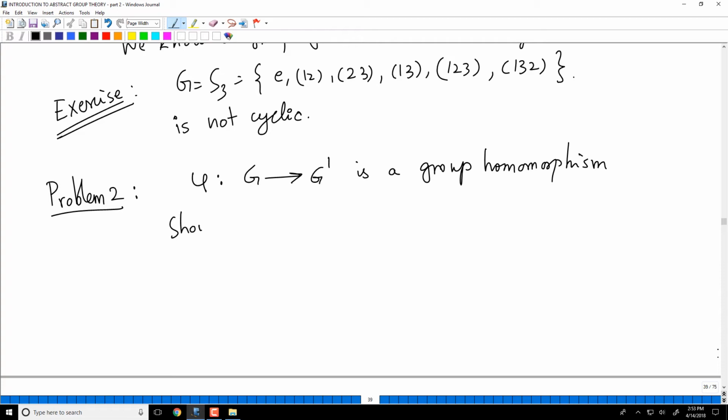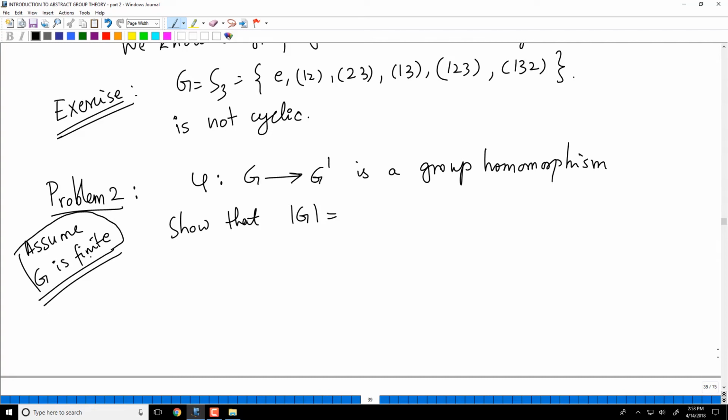Show that, again assume G is finite. So whenever we talk about order, we have to assume it's finite. Show that order of G is equal to product of the order of kernel phi and image phi.